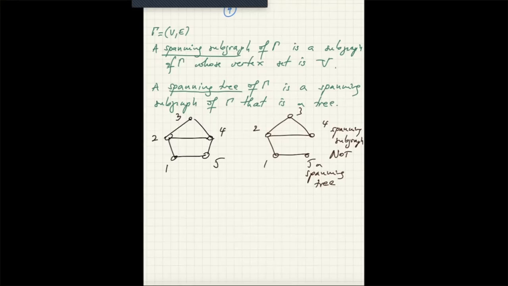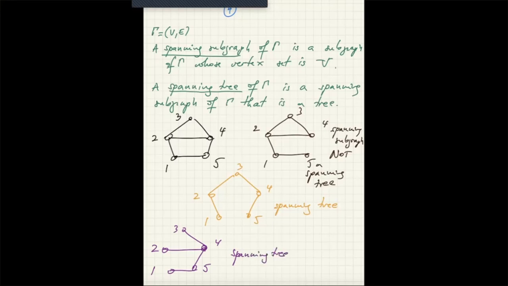But this one, 1, 2, 3, 4, 5, this is a spanning tree. There are others. This one, 1, 2, 3, 4. This is also a spanning tree. Okay, so there's several spanning trees for this graph.